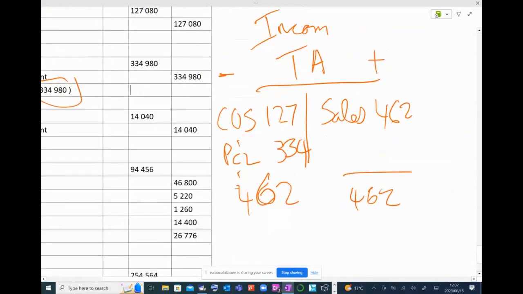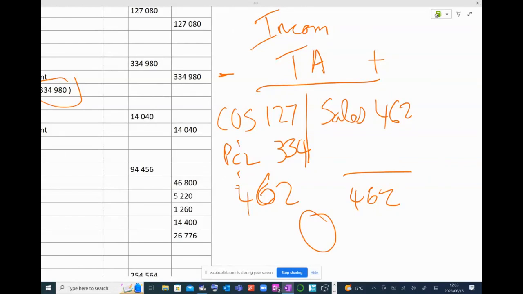Remember, when I'm saying I'm closing off an account, we're bringing it to 0. In other words, the debit and the credit must be equal, because we need to do it equal and opposite to close it off. So here we already have the 127, so we don't need to do an equal and opposite, but we need to do the difference. We know the difference is the 334.